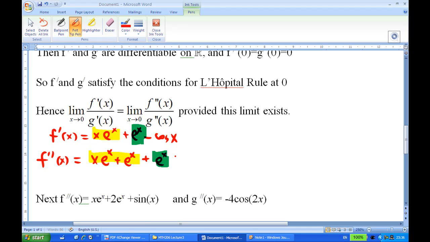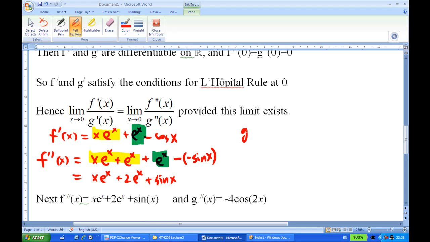So you get x e^x plus 2 e^x plus sine x, and this is how you get f double prime x.